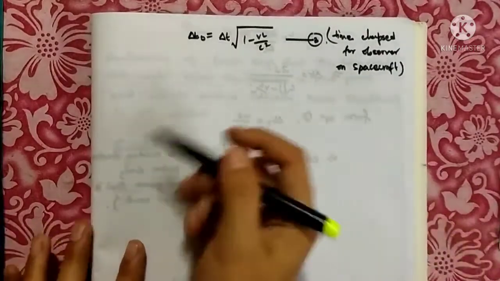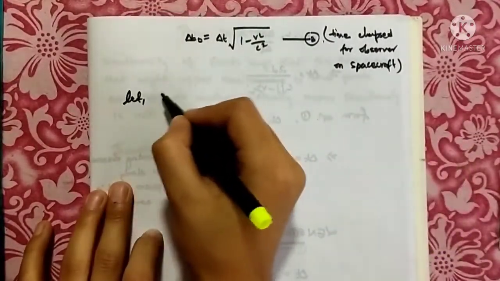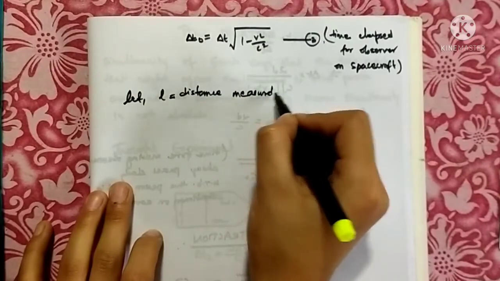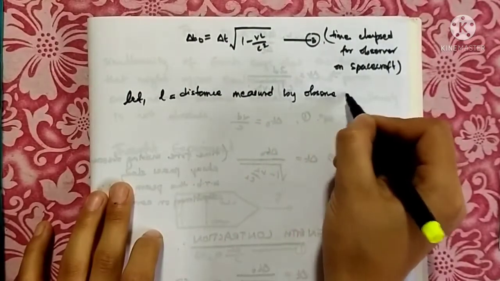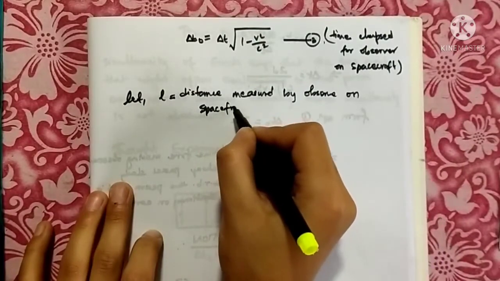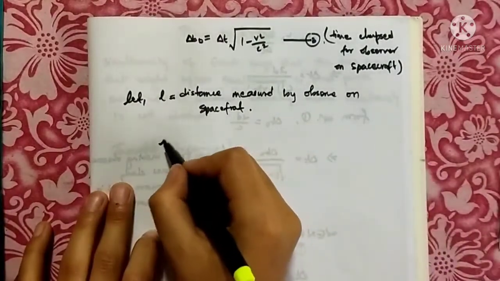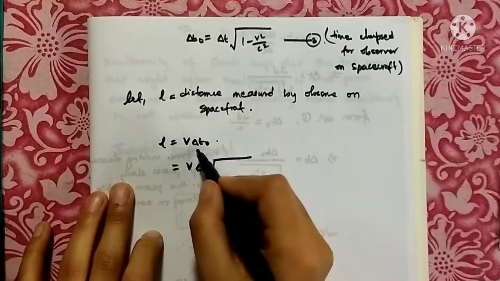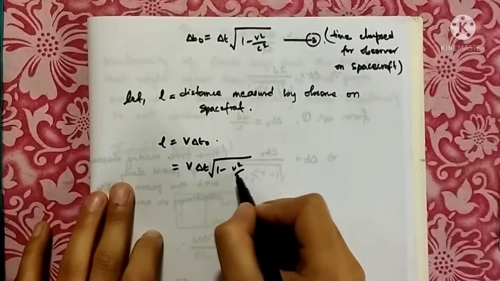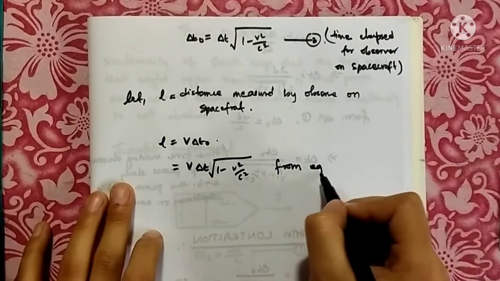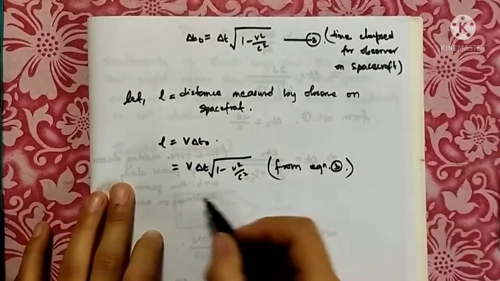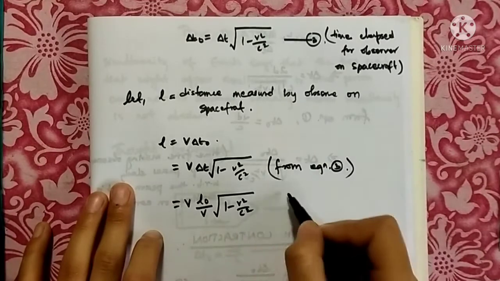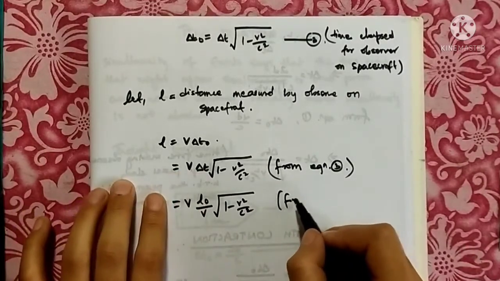Let L be equal to the distance measured by the observer on the spacecraft, then L is equal to V delta t naught is equal to V delta t under root 1 minus V square by C square, putting the value of delta t naught from equation 3, and V times L naught by V under root 1 minus V square by C square, putting the value of delta t from equation 2.